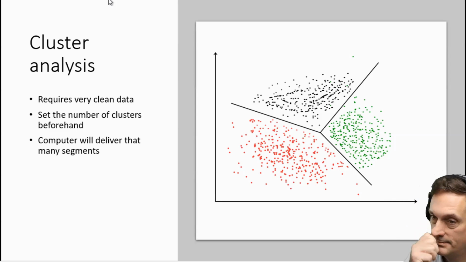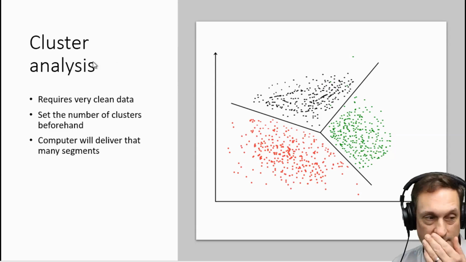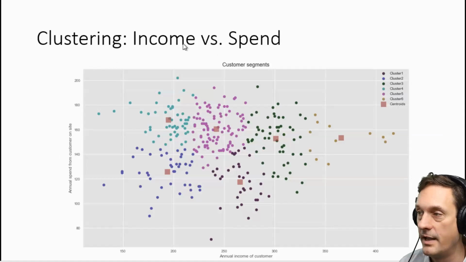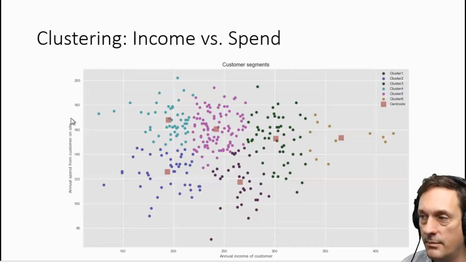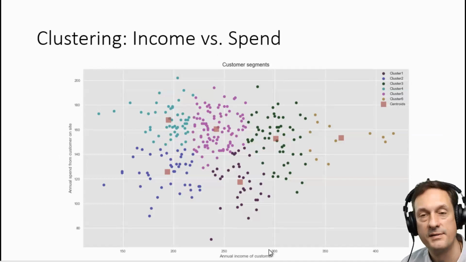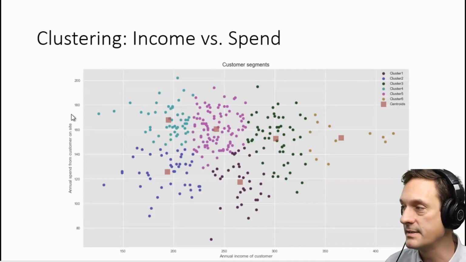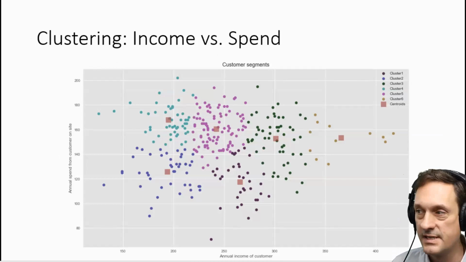Okay. For example, here, obviously you can see this is 3 distinct segments there. Here we have one example of where the computer looked at the annual spend and the annual income of the customer. So I had some demographic information, some behavioral information, and they said, right, computer, give me six segments.